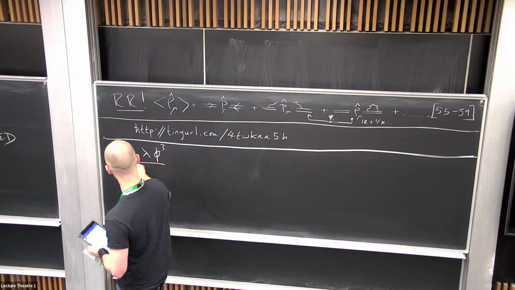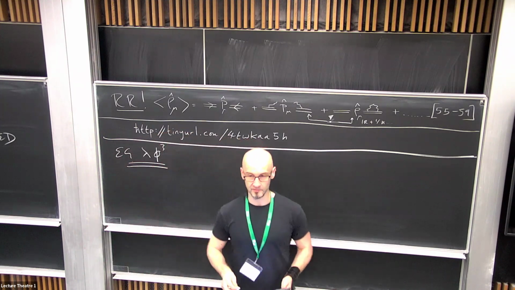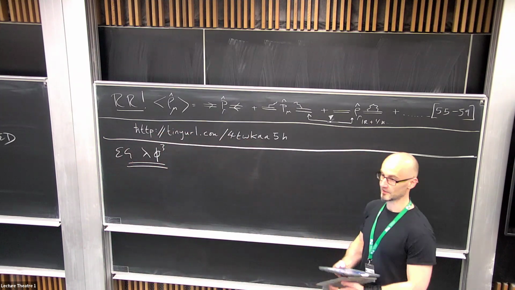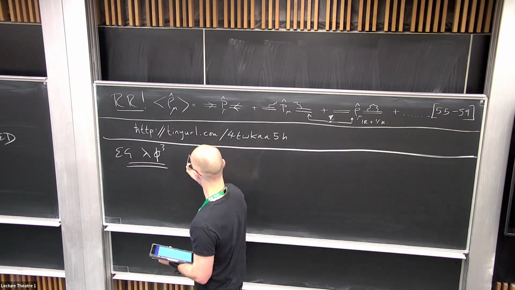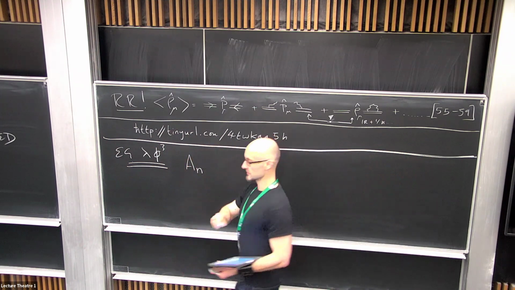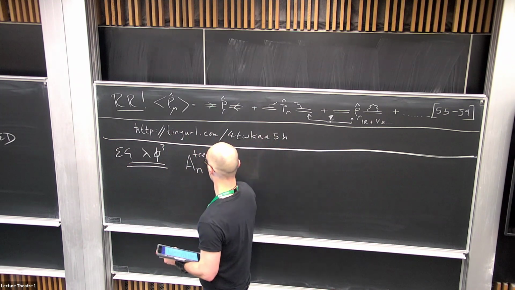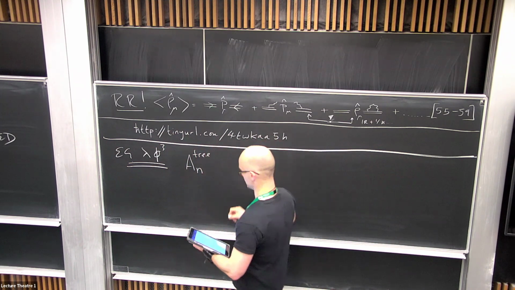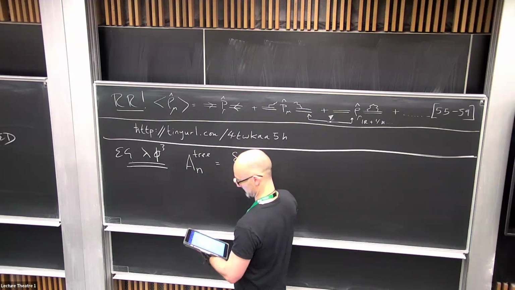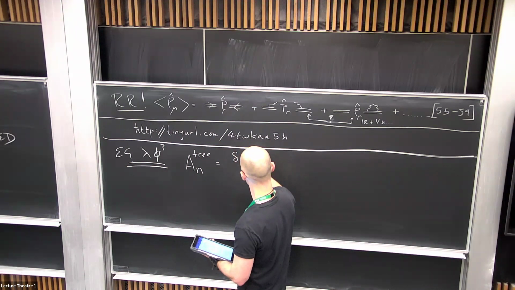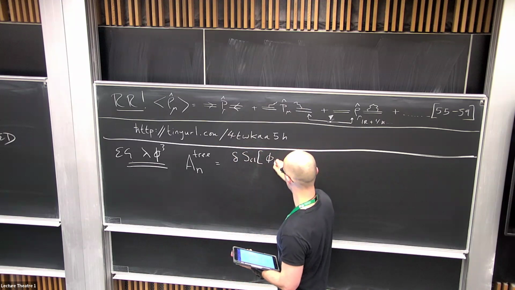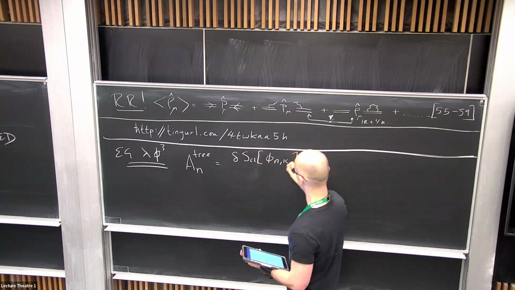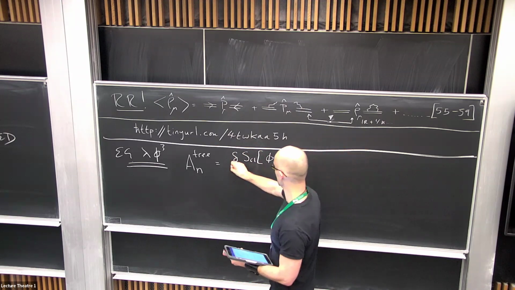So you write out explicitly what you do in the case of lambda phi cubed theory in order to calculate a tree-level amplitude. So this is the statement. The n-point amplitude at tree level is given by the classical action evaluated on something called phi_n^k. I'll tell you what it is.